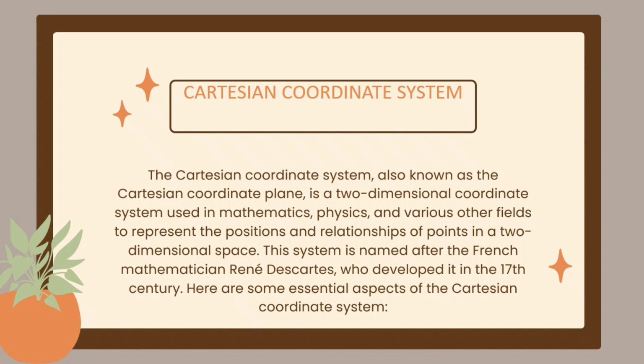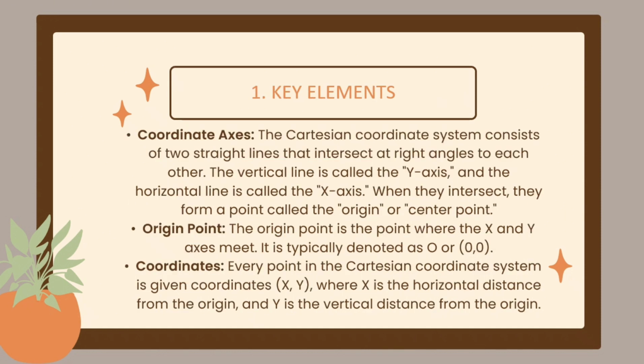This system is named after the French mathematician René Descartes, who developed it in the 17th century. Here are some essential aspects of the Cartesian coordinate system.